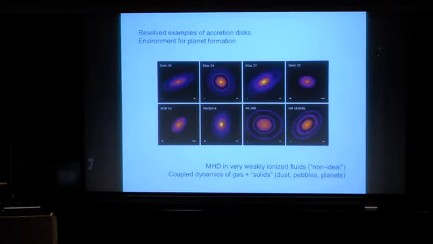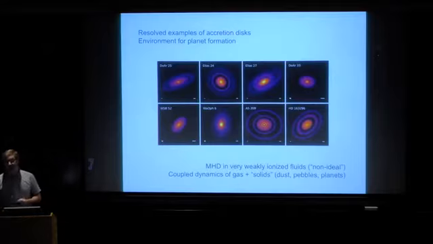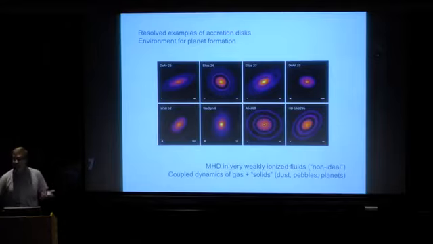There are at least two different reasons why we might be interested in those systems, which motivated my choice of which things about protoplanetary disks to talk about in this school. One aspect is that these are accretion disks.